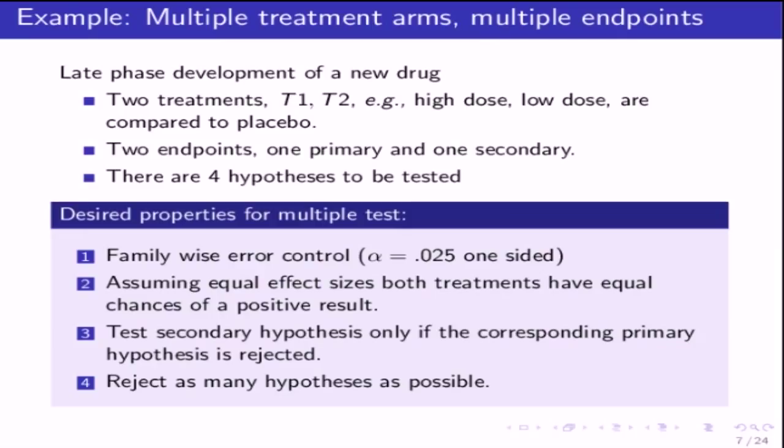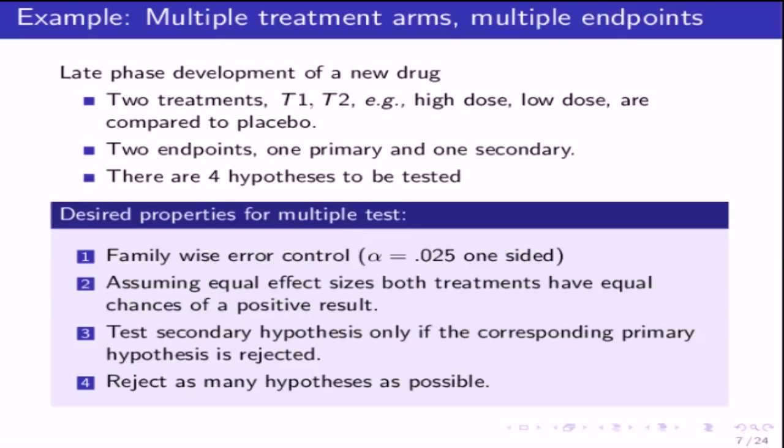So what are the desired properties for our multiple testing procedure? Clearly, as it is a phase 3 trial, we would like to control the family-wise error, let's say at an alpha of 2.5, one-sided. Then, when we assume equal effect sizes, both treatments should have equal chances to be rejected at the end.